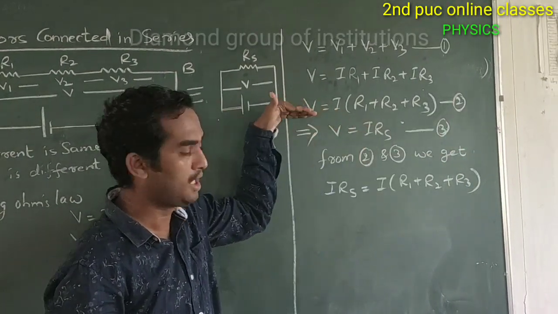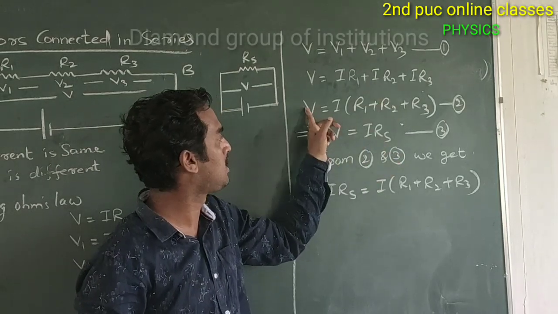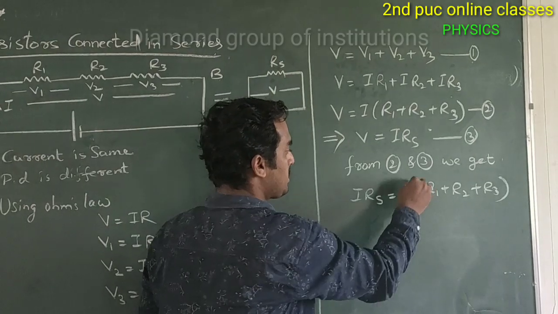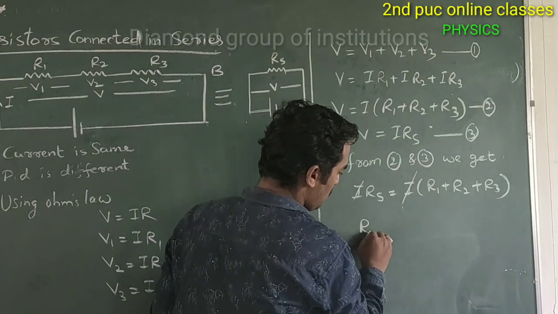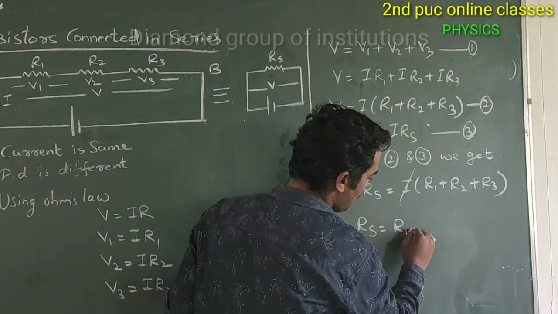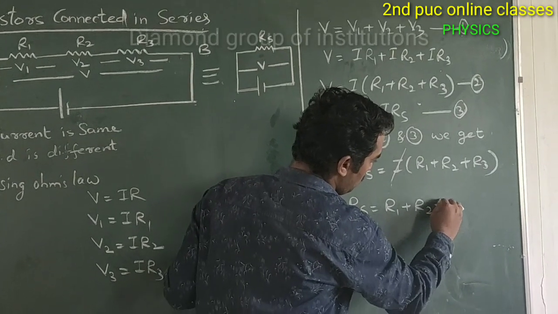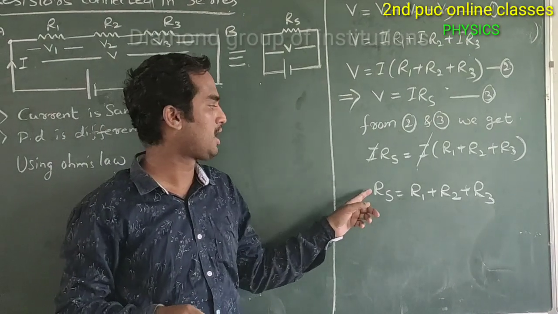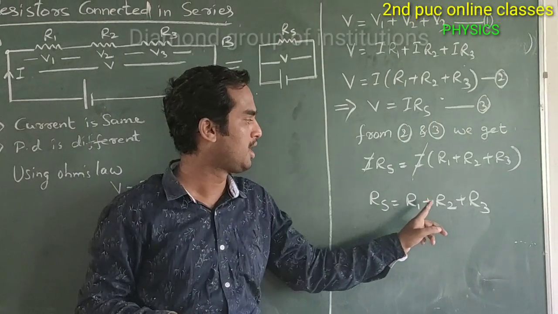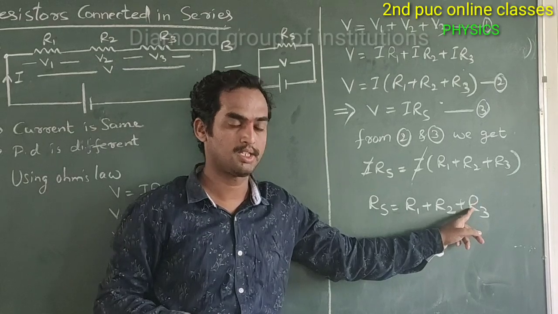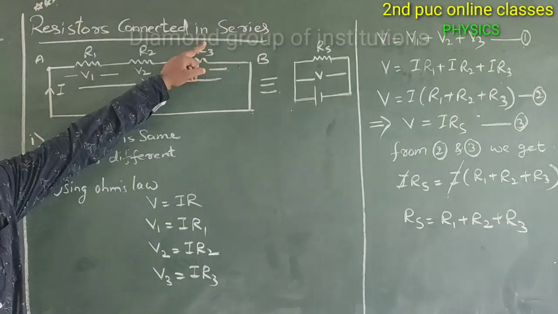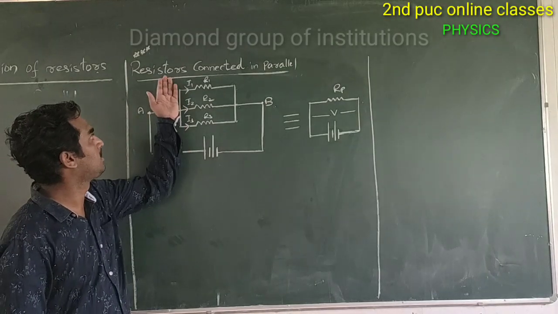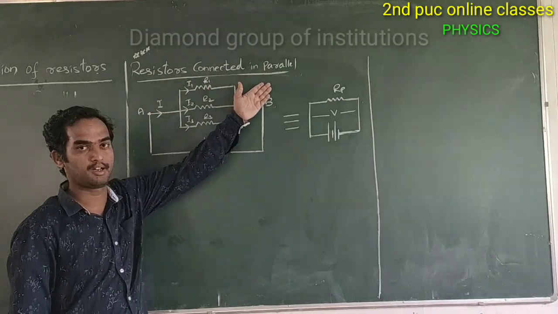That means we are equating the right hand sides because the left hand sides are already the same. If we cancel I and I, we get RS equal to R1 plus R2 plus R3. So the total equivalent resistance is equal to the sum of the individual resistors when connected in which combination? Series combination.